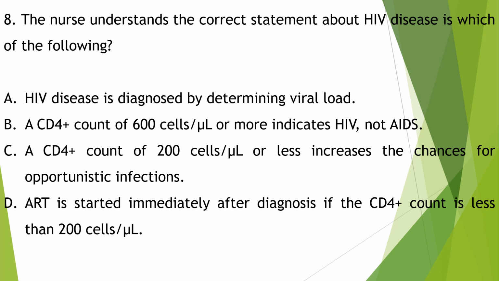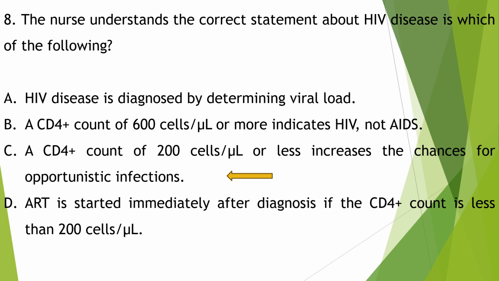Antiretroviral therapy is started immediately after diagnosis if the CD4 plus count is less than 200 cells per microliter. So, the correct statement about HIV disease is a CD4 plus count of 200 cells per microliter or less. That increases the chances for opportunistic infection.